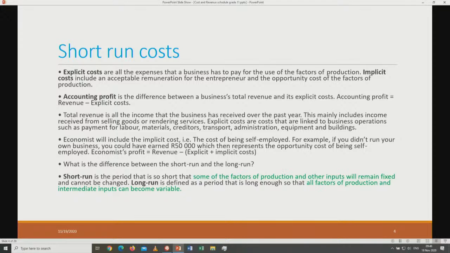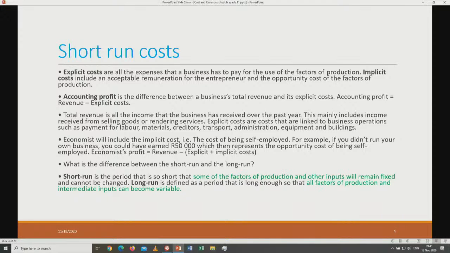So in the short term, we say at least one of the factors or inputs used in the business must remain fixed. For example, paying rental. You're paying rental to a building. So a building is a factor of production referred to as capital. It will be fixed in the short term.